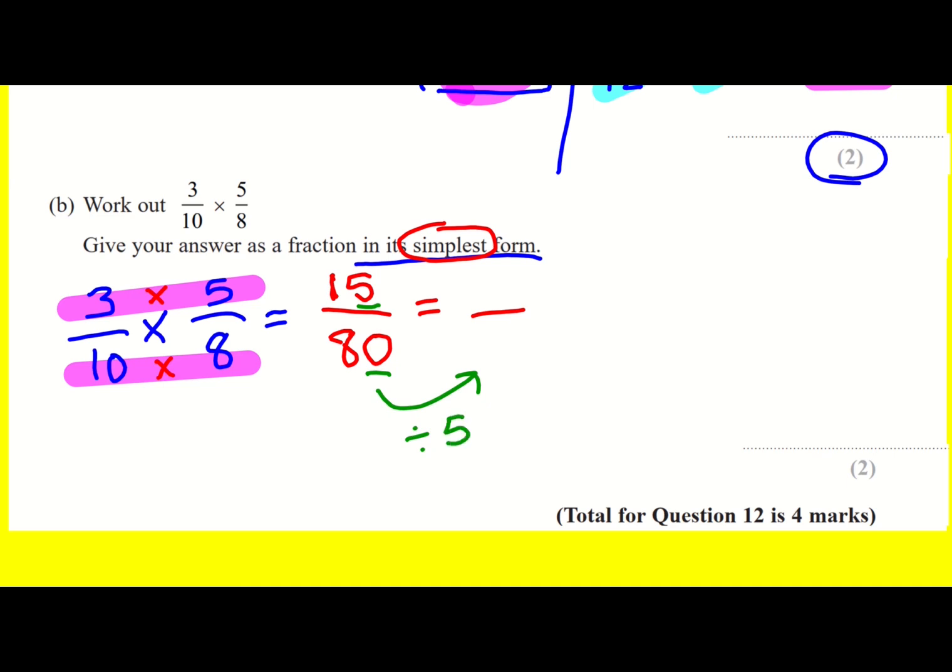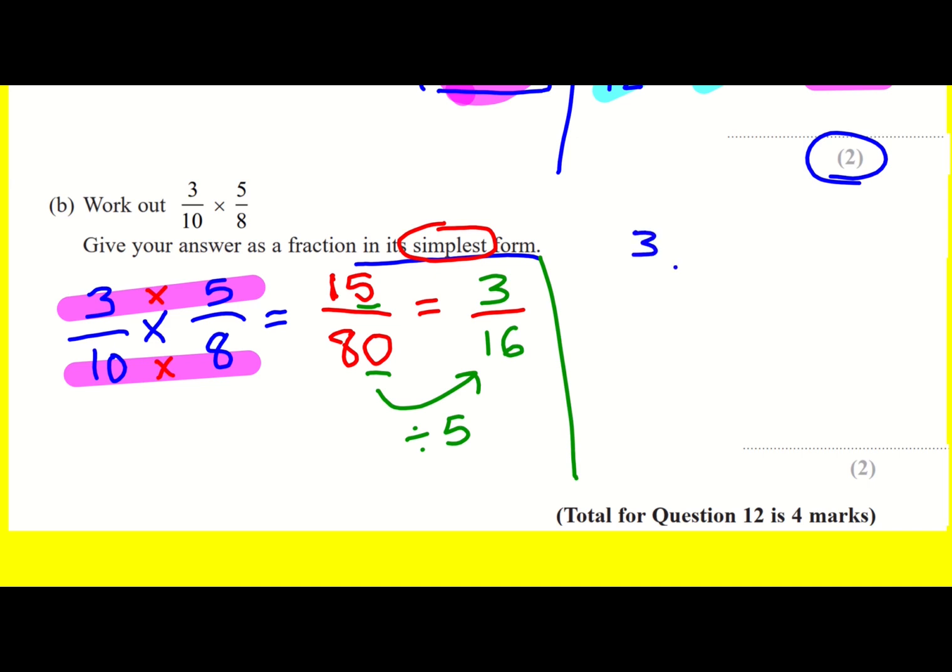Top and bottom, if I divide 15 by 5, I get 3. And if I divide 80 by 5, I get 16. So 3/16. The other way that you could have done this is as follows.